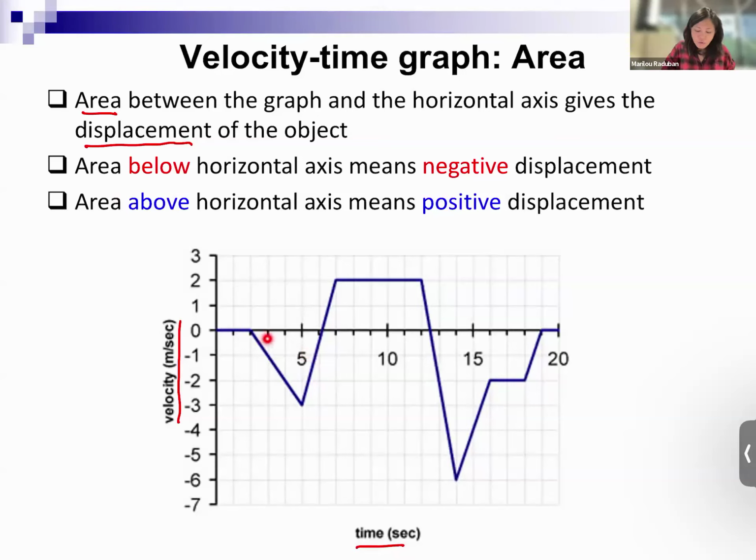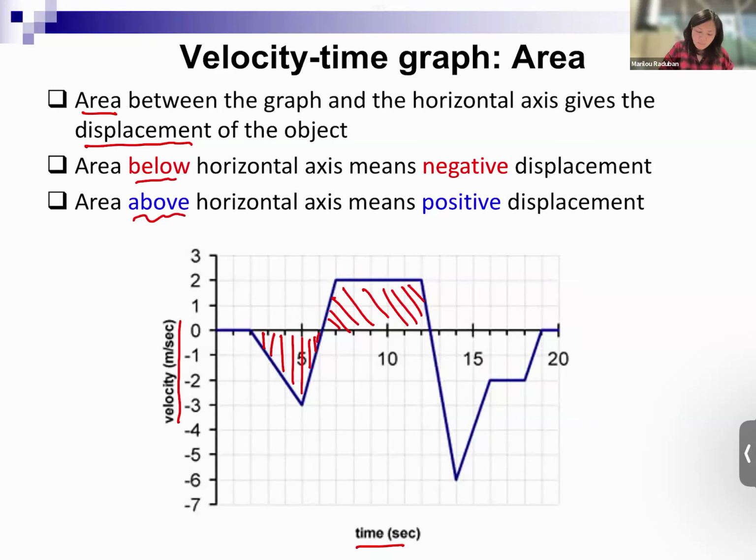If the area is below the horizontal axis, just like here, so the graph here is the blue line, right? If you get the area of this part of the graph, notice how that area is below the horizontal axis. That will give you a negative displacement because, of course, numbers less than 0 are negative. Whereas if you get the area of this part of the graph, it will also give you displacement, but notice how the area is above the horizontal axis.